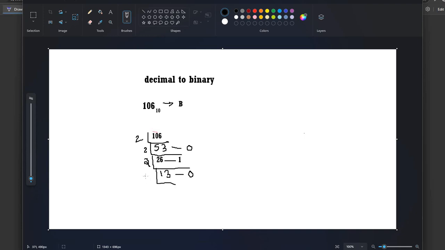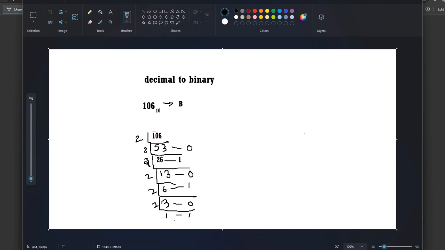Again, 2 6s are 12, the remainder is 1. Again 2 3s are 6, the remainder is 0. Again 2 1s are 2, the remainder is 1. Can you divide 1 further? No, you cannot.